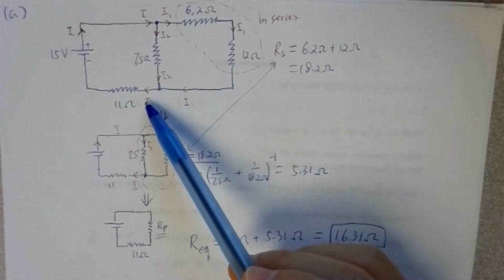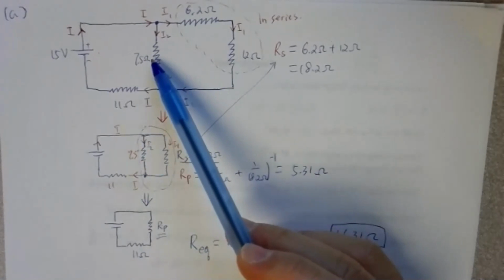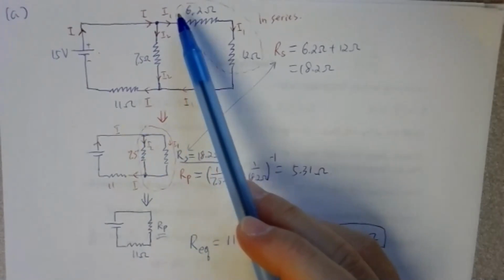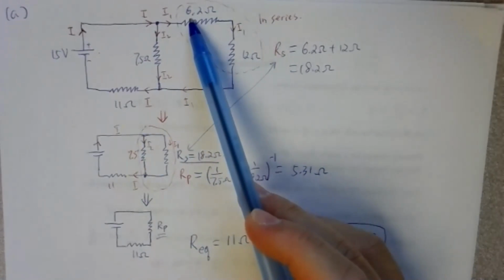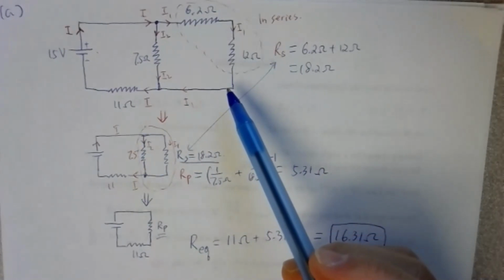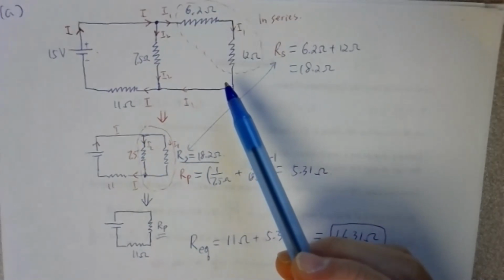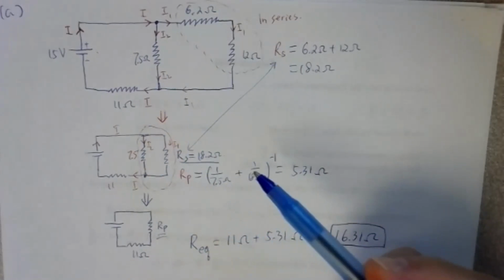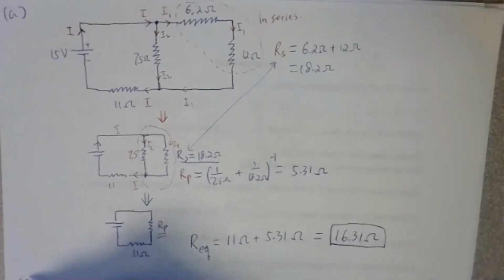So I is for the 11 ohm, and then I2 is for the 7.5, I1 is for both the 6.2 and 12 ohms. So you can calculate those three, I1 and I2. That's what you are looking for.